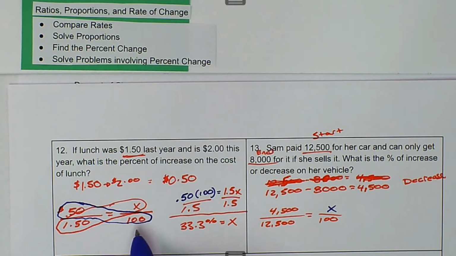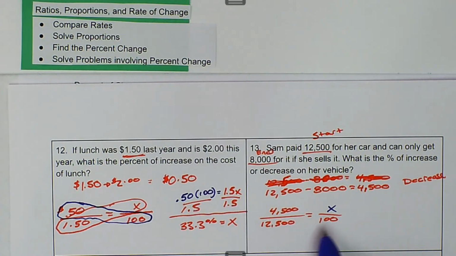Now we can do the means and extremes, cross multiply, and then we say, oh, there's 1.5 next to the X. But what do you notice? The 1.5 was already in the denominator. Even though we cross multiplied, we brought the 1.5 over and then had to take it back, so it ended up in the same spot it was originally.